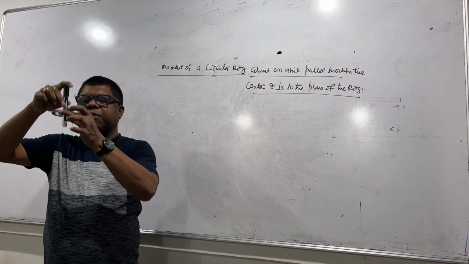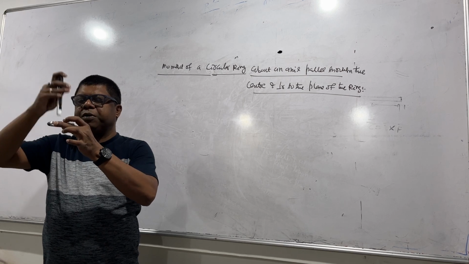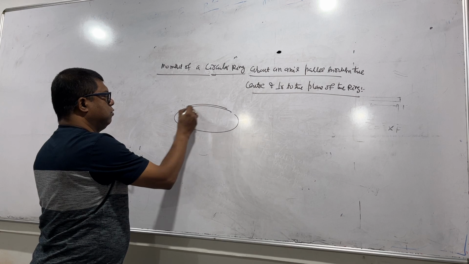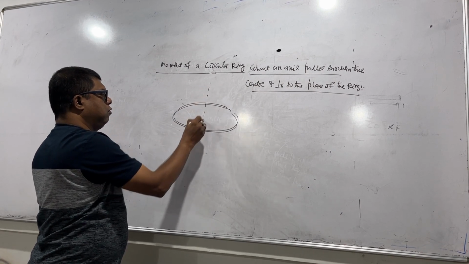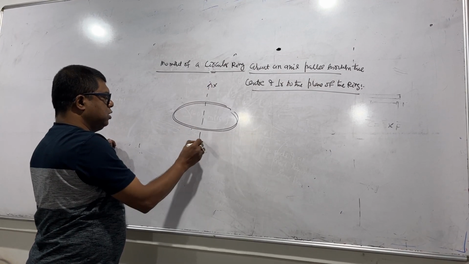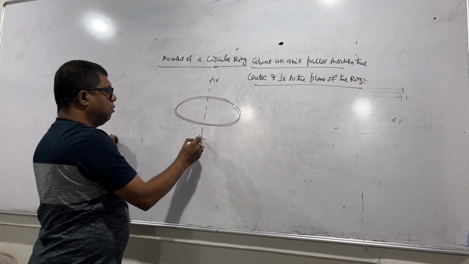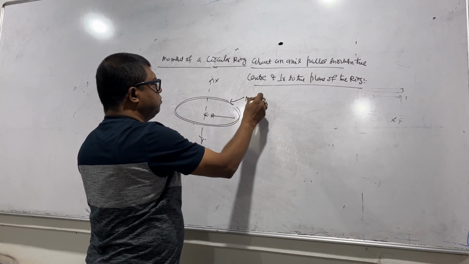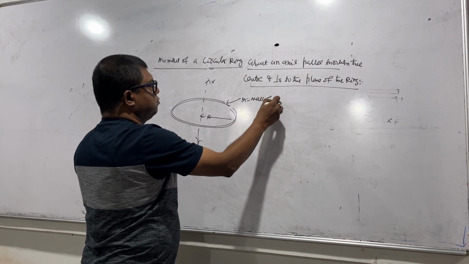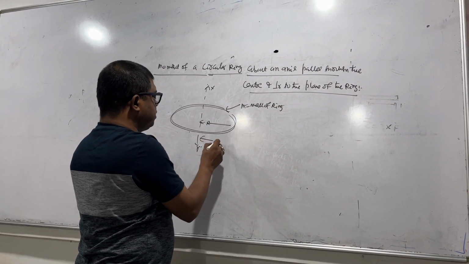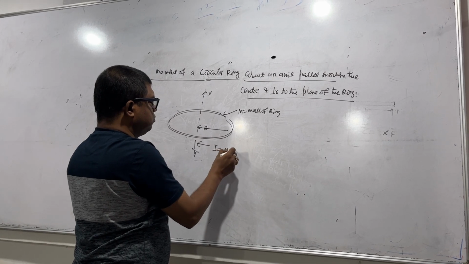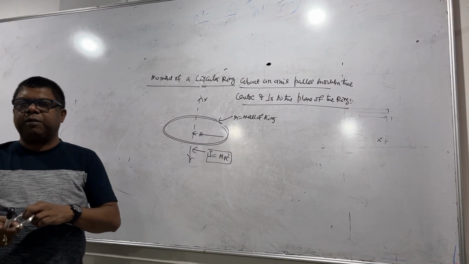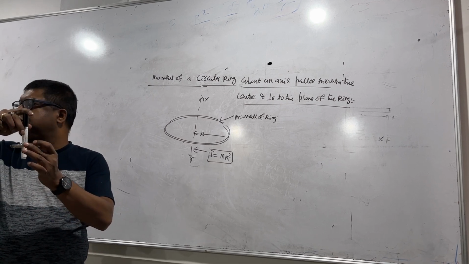M is the mass of the ring. Its moment of inertia I is equal to mr^2. The moment of inertia of a ring about an axis passing through the center and perpendicular to the plane of the ring is mr^2.